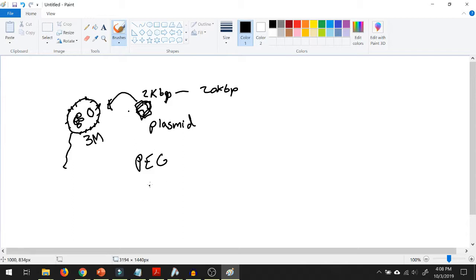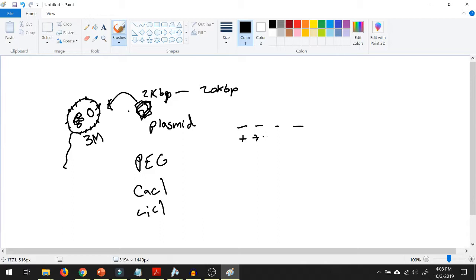Usually there's also another chemical which is a positively charged cation, and bacteria use calcium chloride, and yeast use lithium chloride. And what this does is plasmid DNA, any DNA, is usually negatively charged, right?